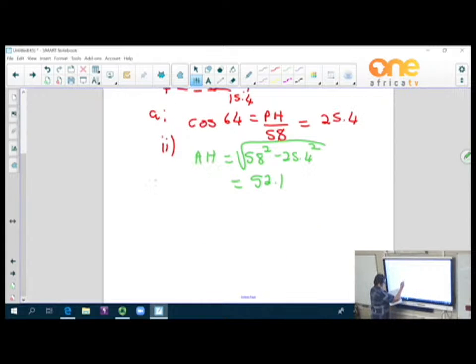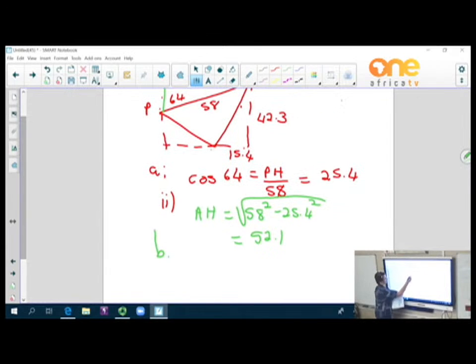Right, now B of that question. The ship then sails to the island B. So if we look on our picture, it now sails here to B, which is 5.3 kilometers south of A and 15.4. So now we have this right angle triangle there. And now they say, calculate angle BAJ.